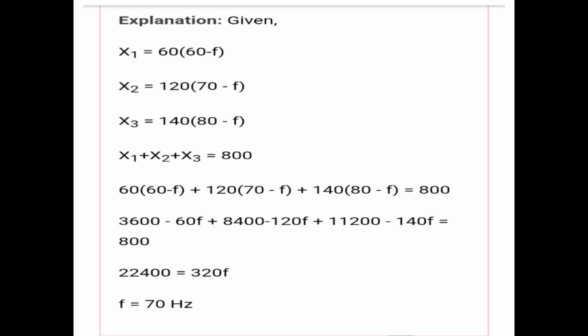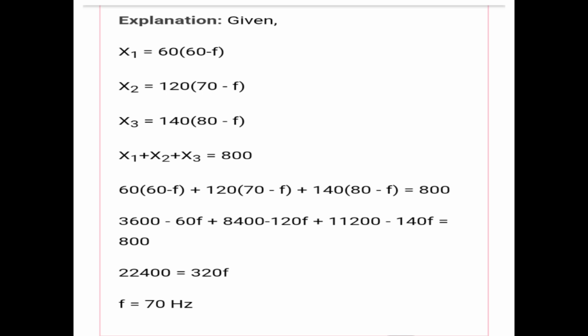So 60 times 60 plus 120 times 70 plus 140 times 80, that is 22,400, minus 60f minus 120f minus 140f, equals 800.